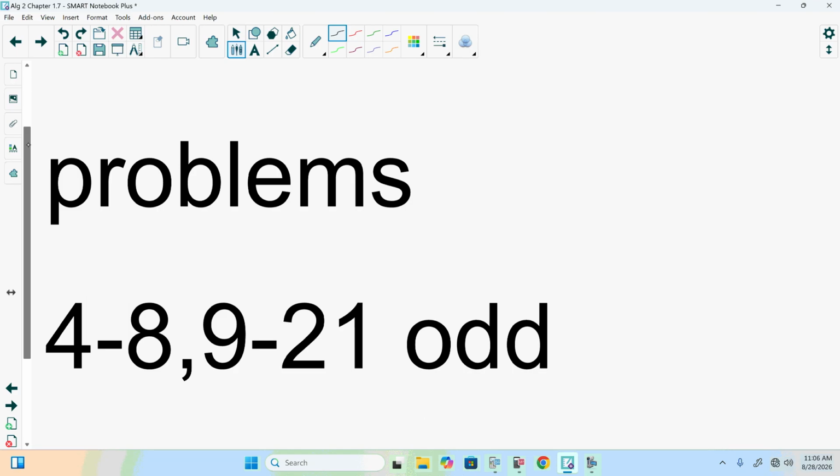Add or subtract, and then say in words what they did wrong, because they messed up, I think, both of them. Well, they should have. 9 through 21, odd. Just perform the operation. Yep, so 9, 11, 13, 15, 17, 19, 21. That's it.